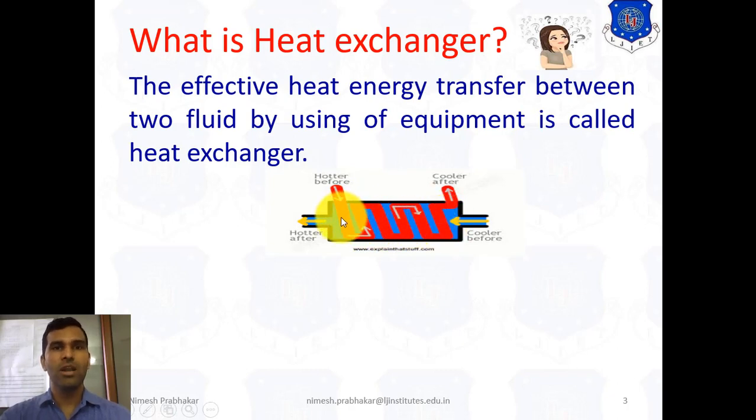So this is a simple example of a heat exchanger. We also use this type of heat exchanger in our home to make cold water hot. This flow comes from our tank, and this is the hot water flow. By adjusting the hot water and cold water flow, we get our desired hot water.